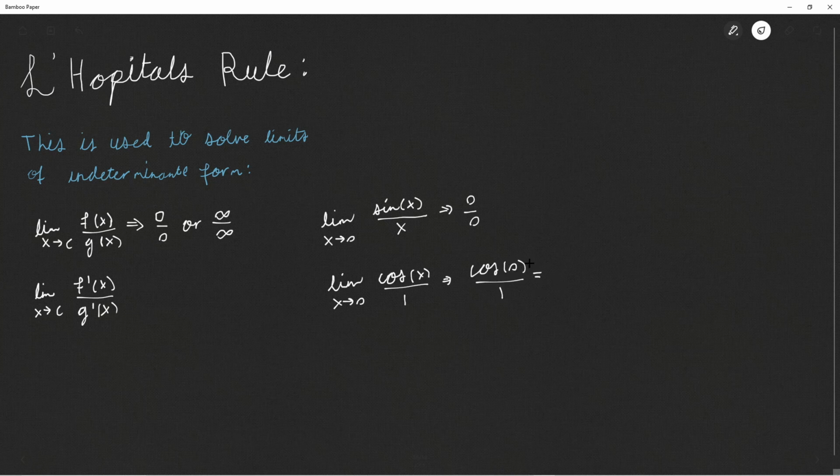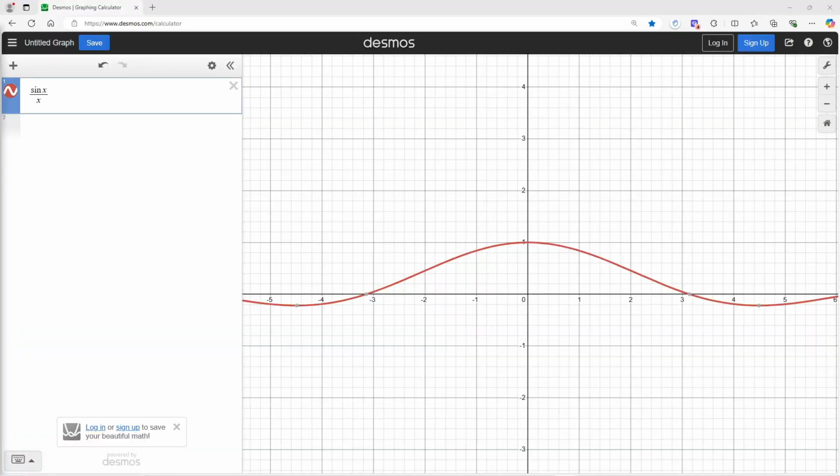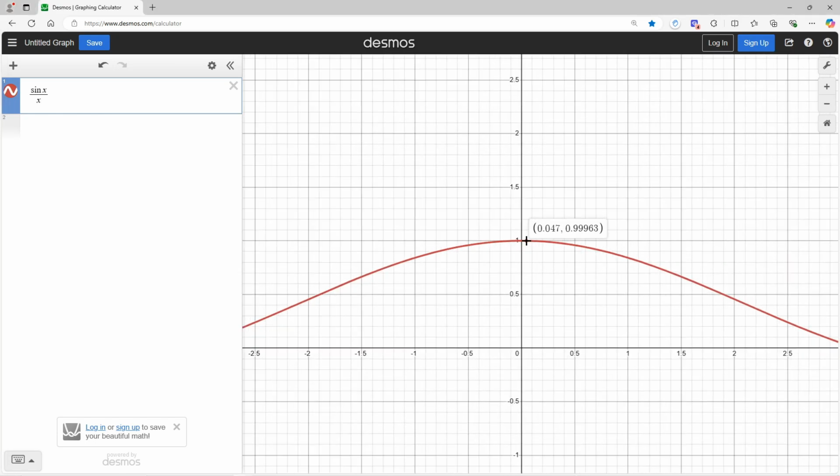And cosine of 0, unlike sine, if we have our graph here, sine will start at 0 and go up. However, cosine will start at 1, which means we'll get our answer of 1 divided by 1, or our limit equaling 1. And to check the answer, if you go in Desmos and put in sine x over x, you can see that when our x approaches 0, our answer is going to be equal to 1.